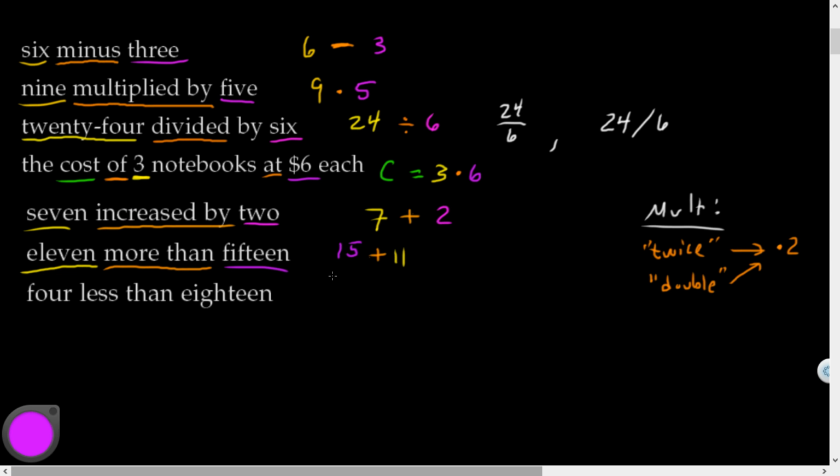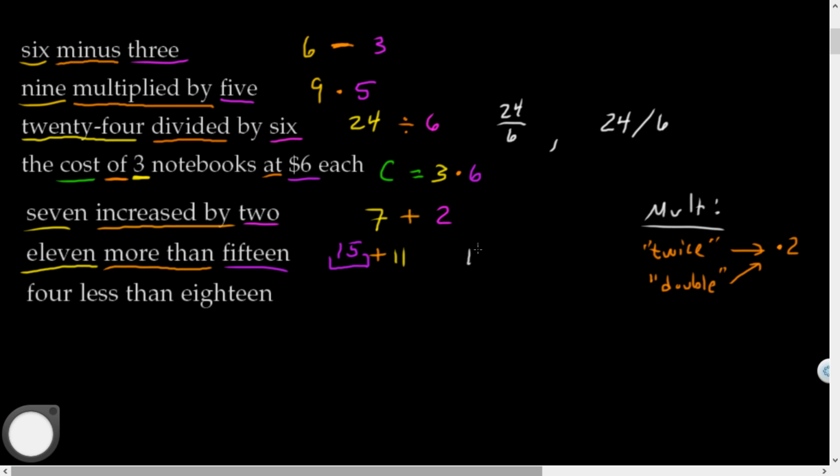Now, notice I wrote that a little bit backwards. The most literal translation of this, when I say 11 more than, means I'm adding 11 to something. So I actually write the plus 11 after the thing that I'm adding it to. Now, in the case of addition, you could have gotten away with it.